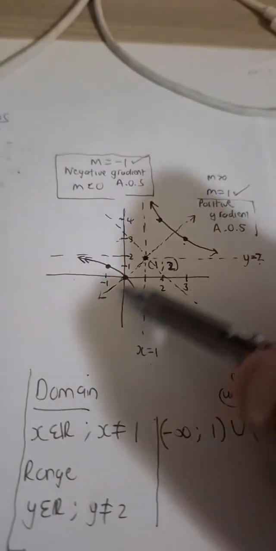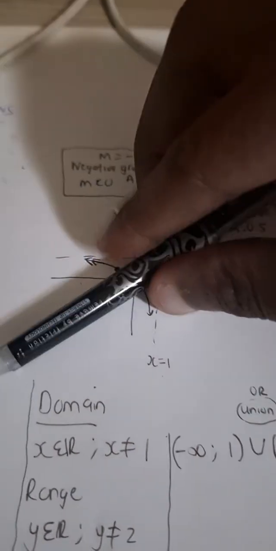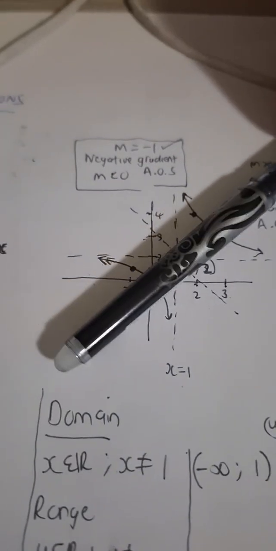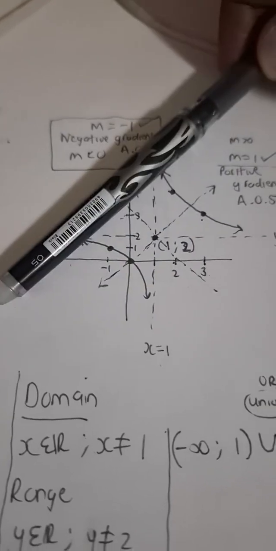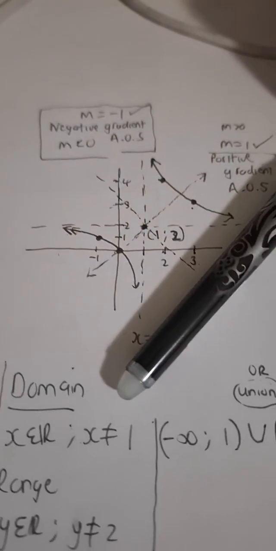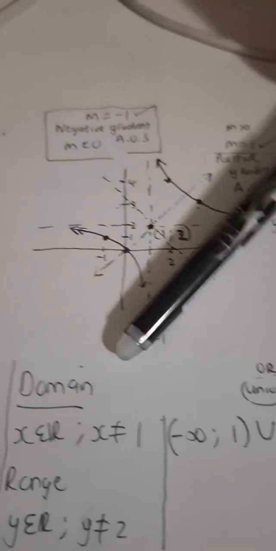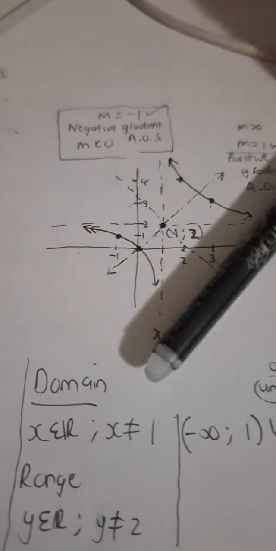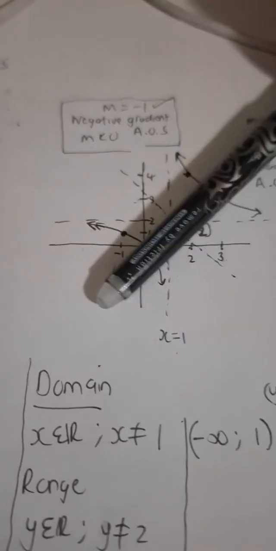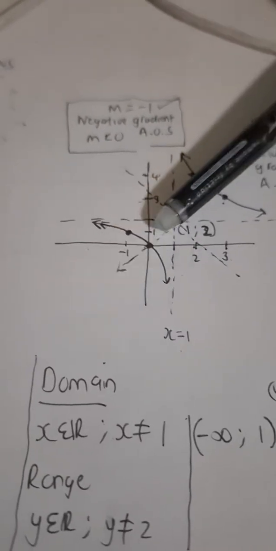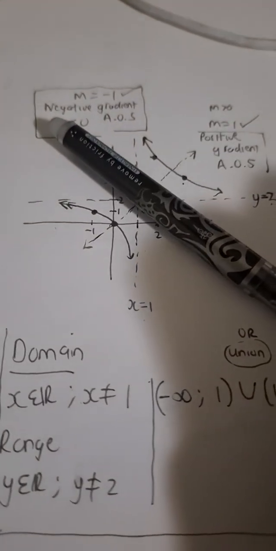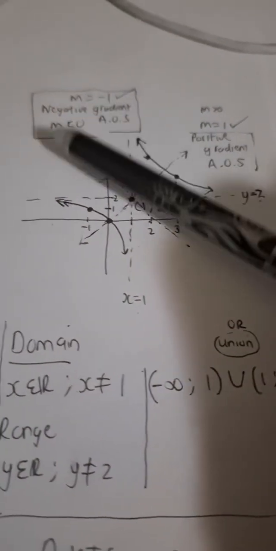And I'm sure you can see that this positive gradient axis of symmetry presents mirror images. Look at the mirror image of this function opposed to this side. It bisects, cuts into half, and we have a mirror image on this side of that side. Do you see that? That's what the positive gradient axis of symmetry does. Look at the negative gradient axis of symmetry. It also gives us a mirror image of this side on this side.